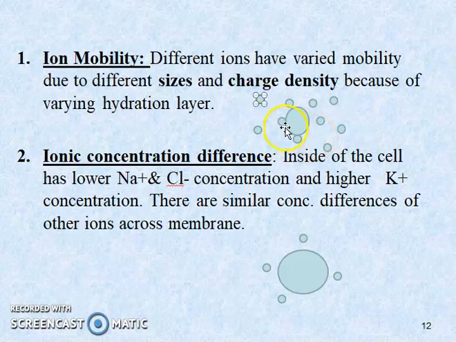So if we compare these both, due to the hydration layer, the size of the smaller ion will actually be bigger than the larger ion, because here there is a smaller hydration layer, here there is a large hydration layer. So the size of the small ion is actually more if it is hydrated.